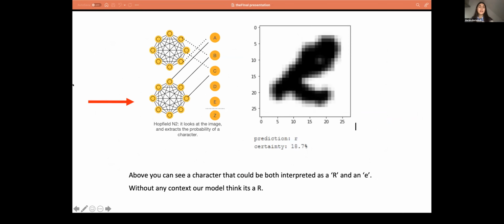Right. Now, as for the second independent network, it tries to recognize and extract the information from the patterns that it is exposed to.